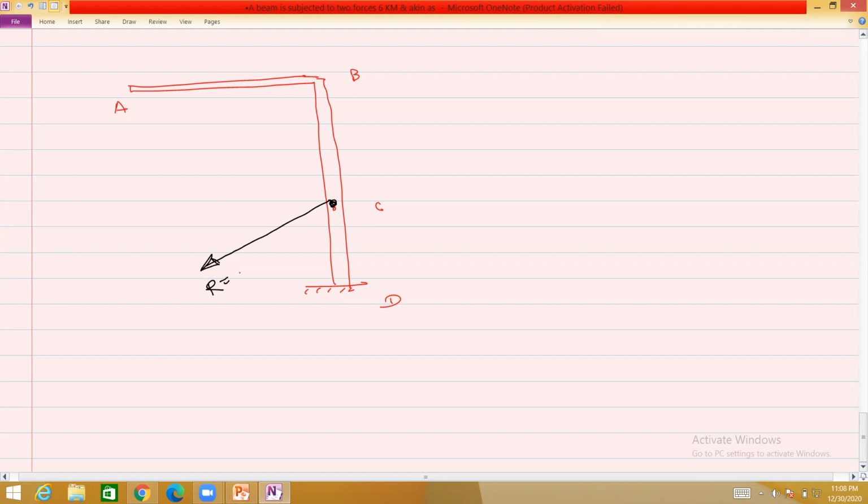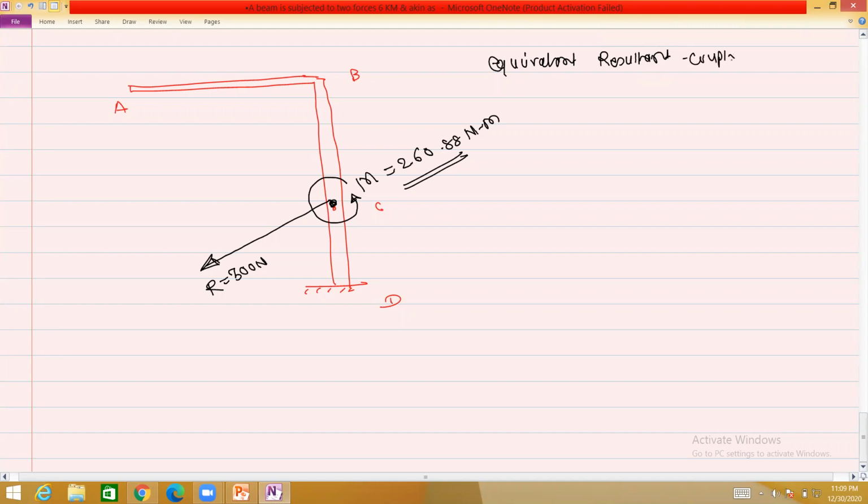This is the single force that is called the equivalent force at point C. That is equal to 300 Newton. And there will be an additional couple. This value is equal to 260.88 Newton meter. Okay. So this is called the equivalent resultant couple system.